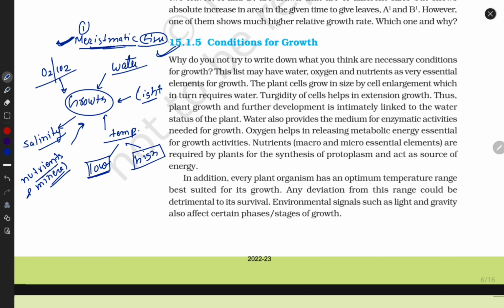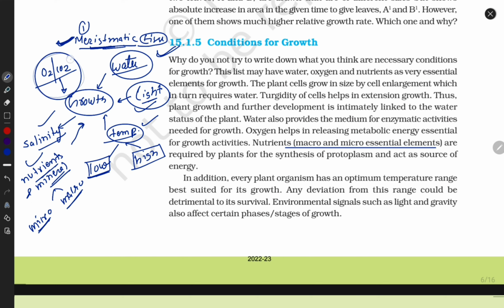Water level definitely affects plant growth. Light, temperature, salinity, nutrients, means minerals, also affect plant growth guys. Minerals may be micro, required in small amounts. They may be macro, required in large amounts. Some are essential and some are semi essential. So different factors affect cell growth and plant growth.